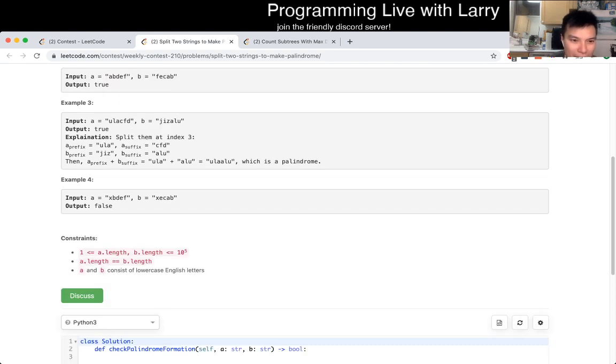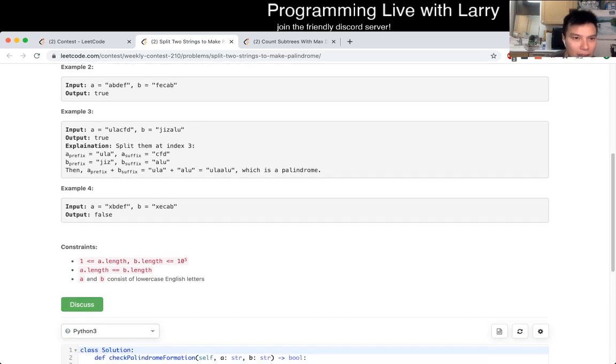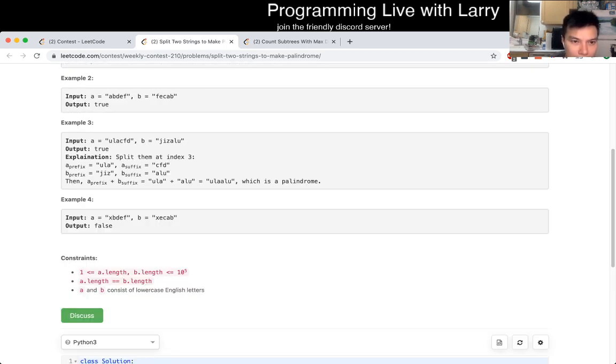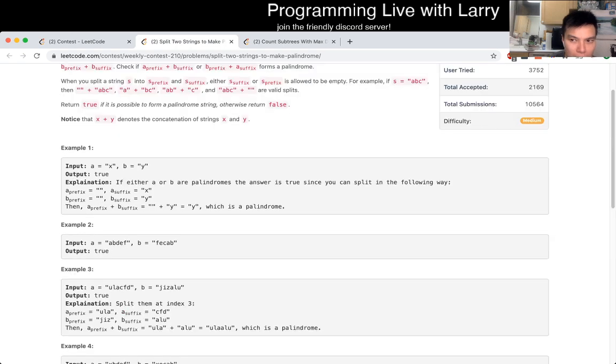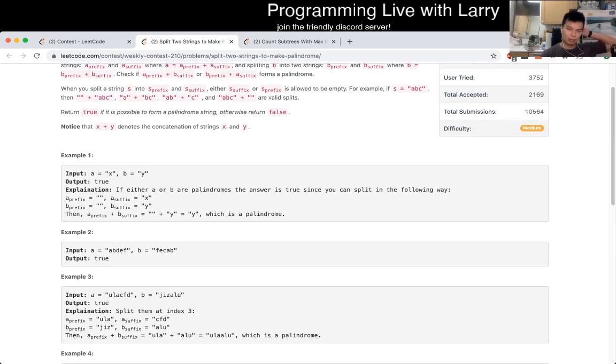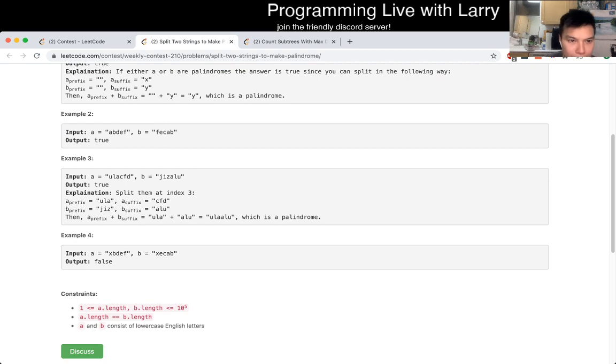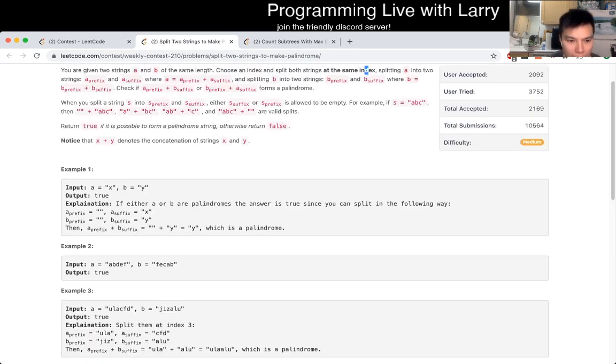I think I missed the same index part, that's why I was a little confused. How would I do it? Doing it. Seems pretty. Just bookkeeping.